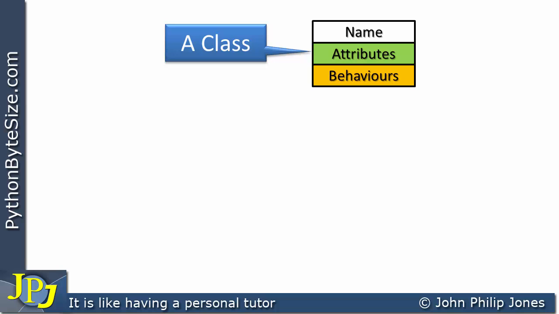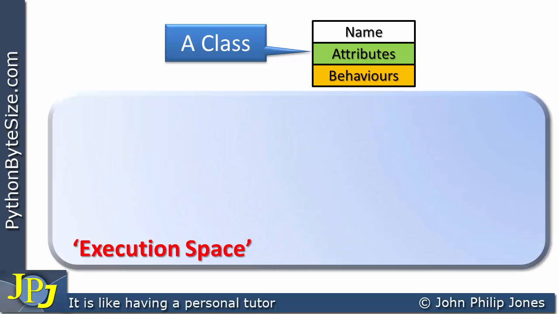So a method might, for example, calculate how much tax you pay on your salary. That's an illustration of the kind of thing a program might want to do, and you would call that the behavior of a class. But if you wanted that to take place, you have to create an instance of this class, an object. So the execution space is here, and what will happen is we will produce an object that this class defines.